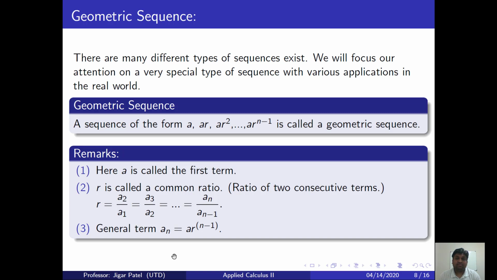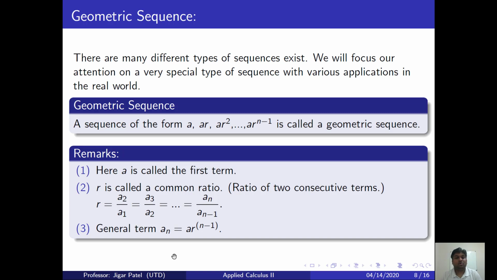For example, if I ask you to add 100 terms of a geometric sequence, this is a long work, right? Because you have to add 100 terms. If you do it manually, it's going to take a long time. Alright, this result is a shortcut to do that addition. Okay, so let's see the result.